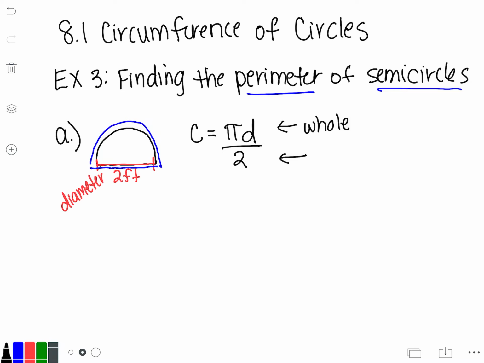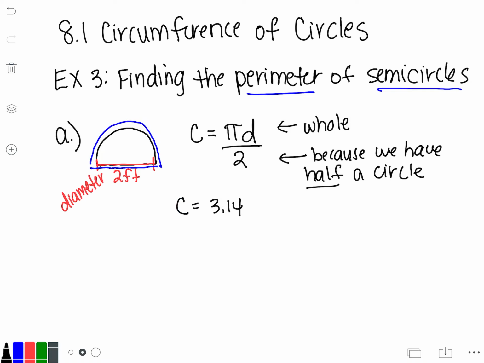Make a note on your paper. So when we plug in our numbers, we're still going to plug in 3.14 for pi. Our diameter is 2, and then we will divide by 2. Now, if you multiply by 2 and divide by 2, it just cancels itself out.